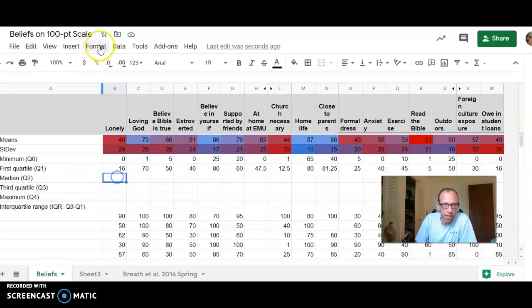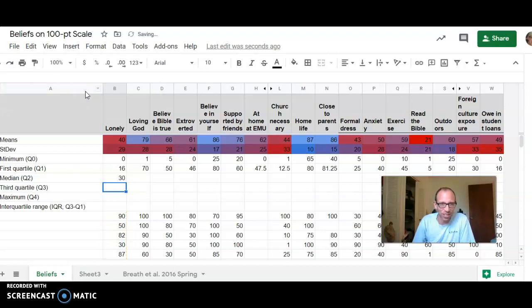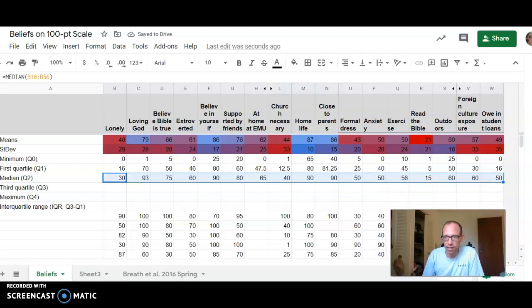Okay, median. We could do percentile, but I'm just going to do, ooh, I like this, suggested based on the data. So Google Sheets is all over this. That's great. I'm going to go ahead and move that across. And let's see. Anything interesting?